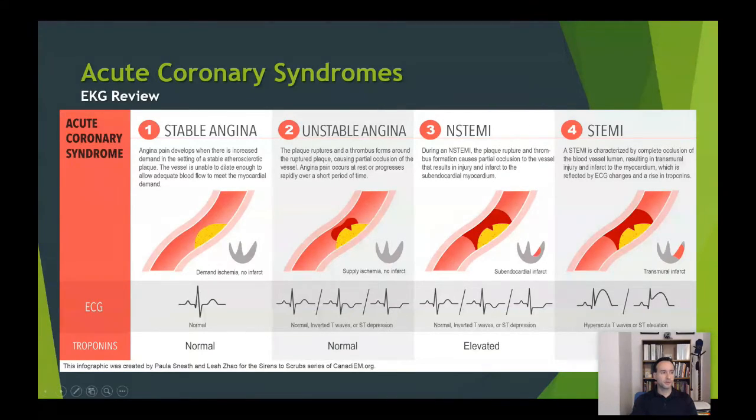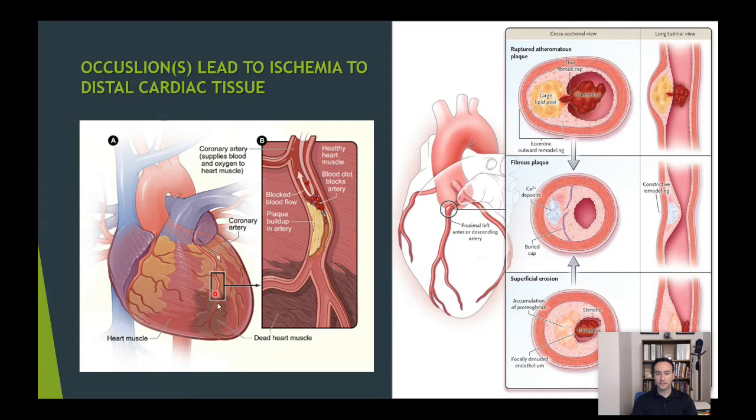As we go through, we know that any type of occlusion is causing downstream effects, so either ischemia or death of cardiac tissue. We don't want any downstream effects going, but when we do our EKGs, the EKGs are actually looking directly at certain parts of the heart.